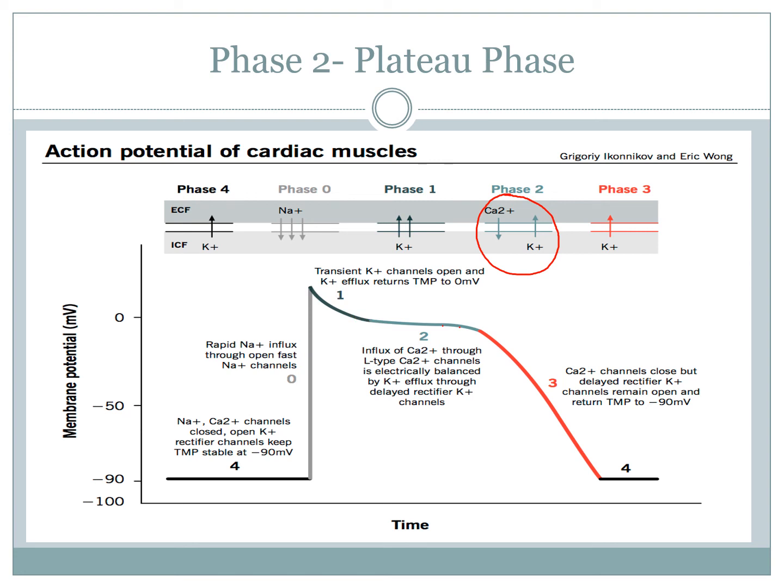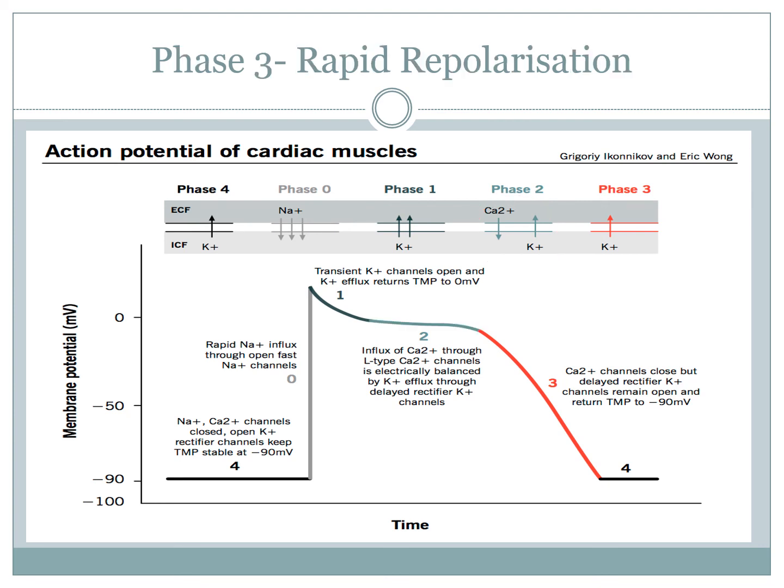You think of calcium as a stabilizing of contraction. Phase 2 is that slow, controlled phase. When we move to phase 3, the calcium gates close. Calcium has moved out, and it starts that reuptake within the sarcoplasmic reticulum. It starts to move back in. Then a huge amount of potassium flows out.